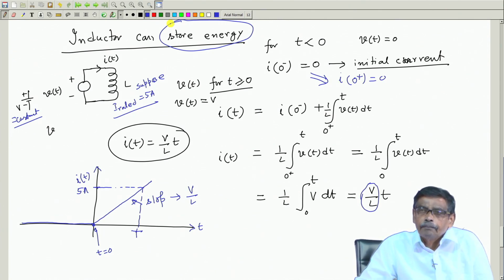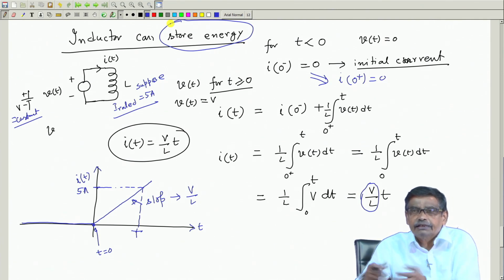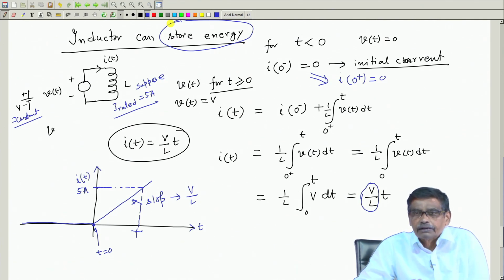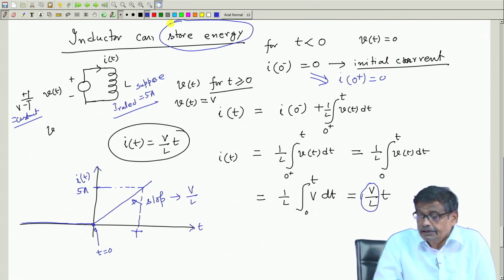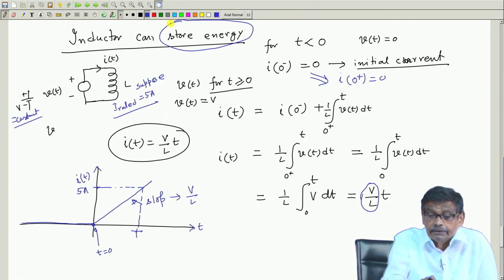A resistor will always receive power, and whatever power it receives, it immediately dissipates into the atmosphere. The power that you have injected in a resistor will be lost and lost forever. You cannot recover that power back. We will see in my next lecture how an inductor can store energy.